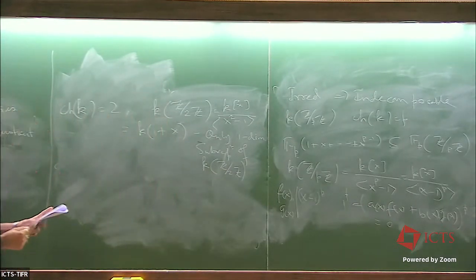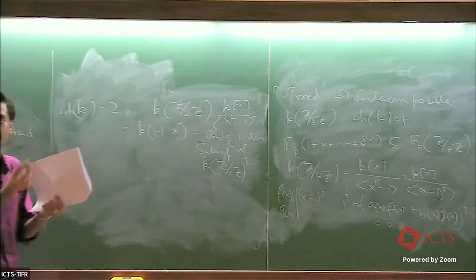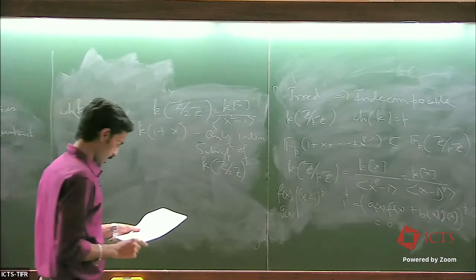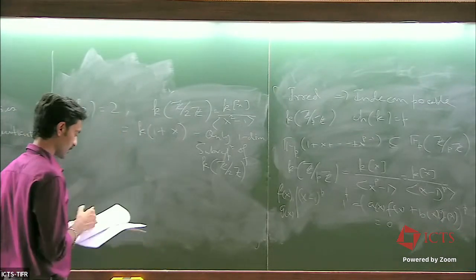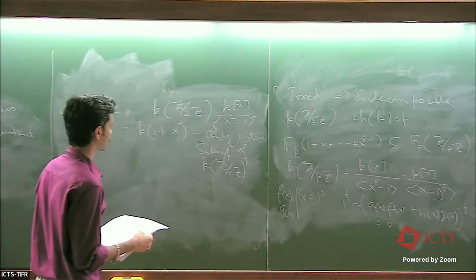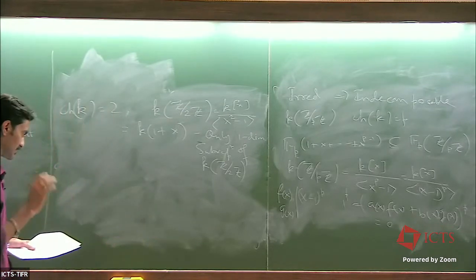And therefore, being the only one-dimensional sub-representation, we can clearly say that K Z mod 2Z cannot be broken into irreducibles. Because if it is a non-trivial decomposition, then both of them must have dimension 1.